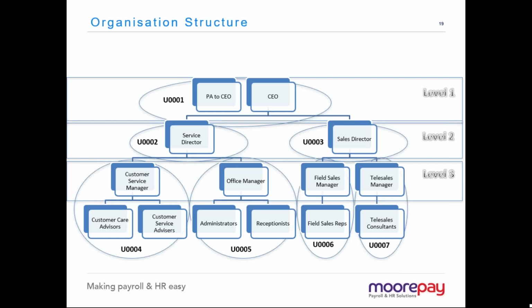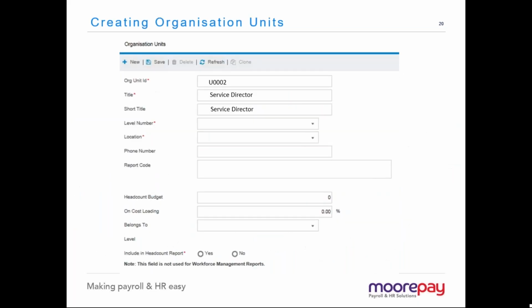And if we just have a quick look here at the structure again, so the Service Director is reporting up to level 1, which is the CEO. So the level number is 2 because the Service Director is in level 2. And the location, as I say, is 9999 default unless you've actually had any defined yourself.